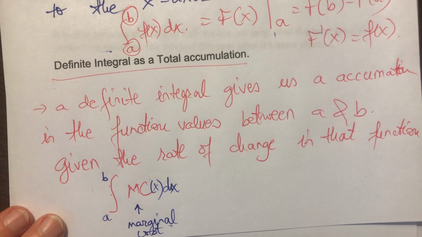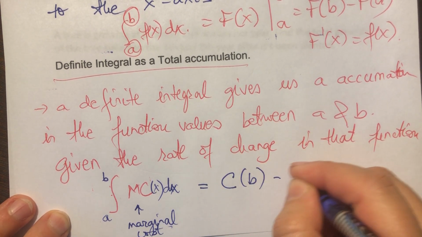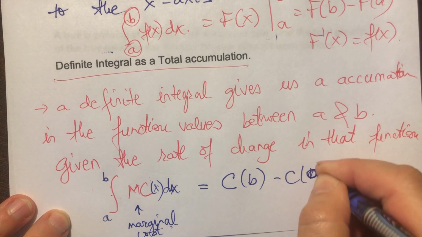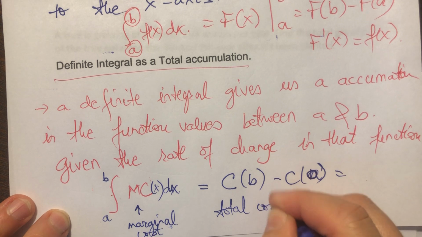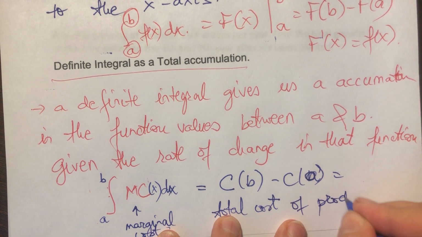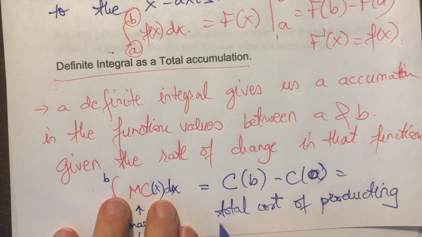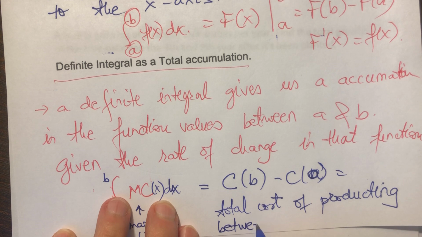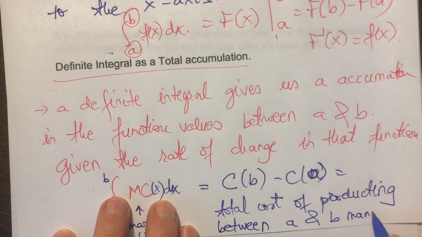Now, what is that going to give me? It's going to give me the total cost of producing between A and B many items.